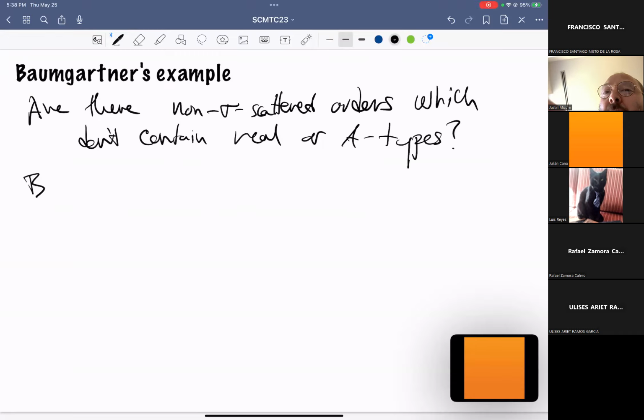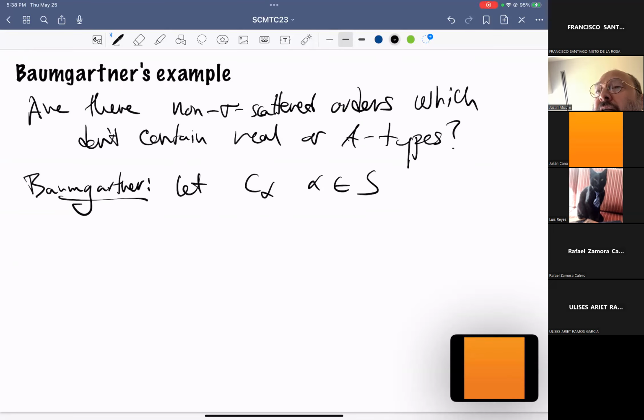So Baumgartner: let C alpha, alpha in S, be a sequence of ladders, right?